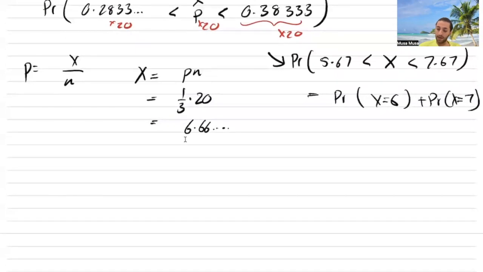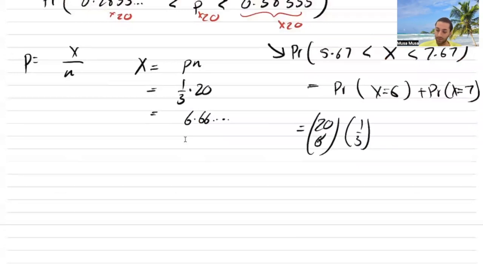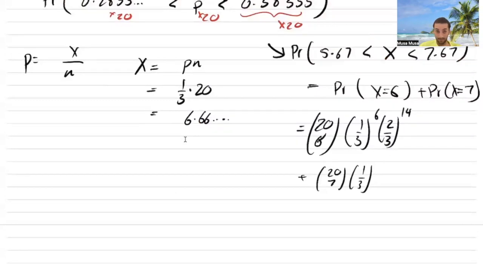And then how would you find this? Well, this is just normal binomials. You would say 20 choose 6. And then what was the probability? A third. So a third to the power of 6, 2/3 to the power of 14, and then plus 20 choose 7, a third to the power of 7, 2/3 to the power of 13.